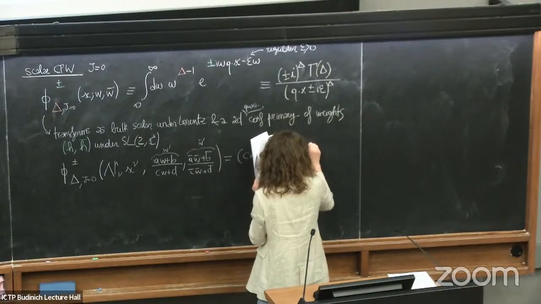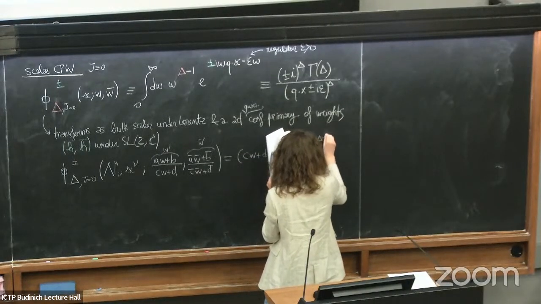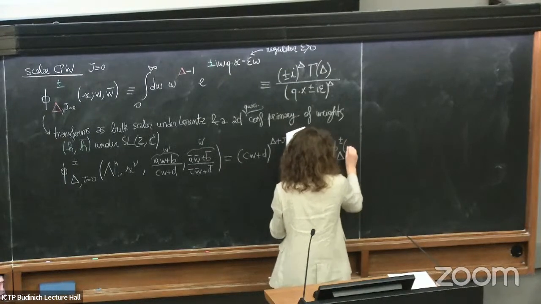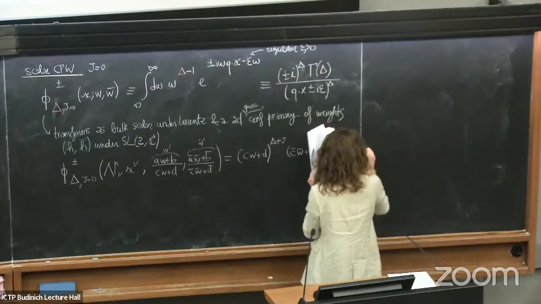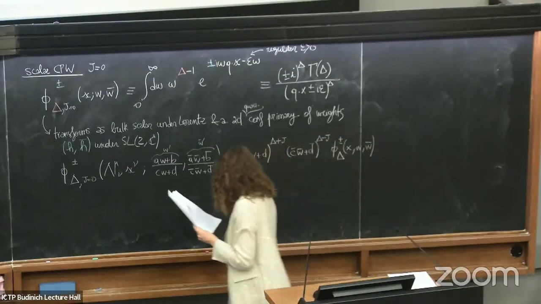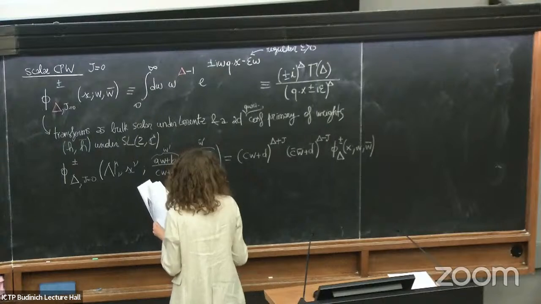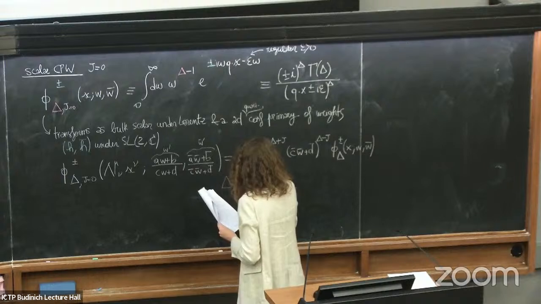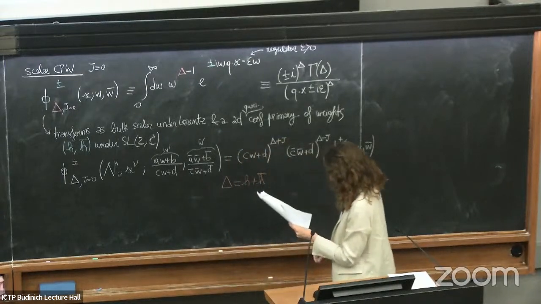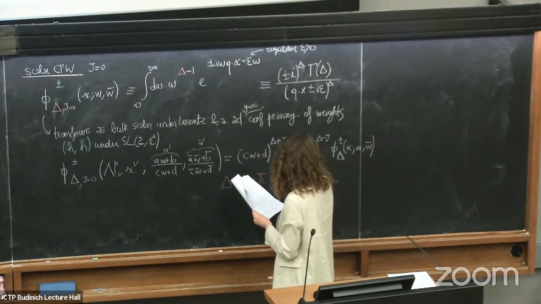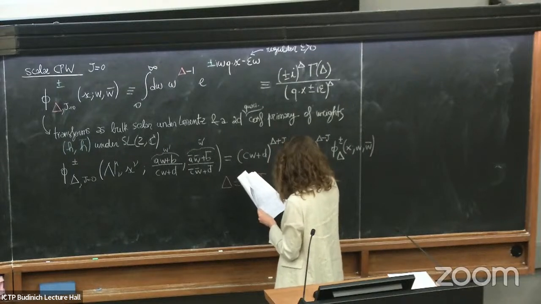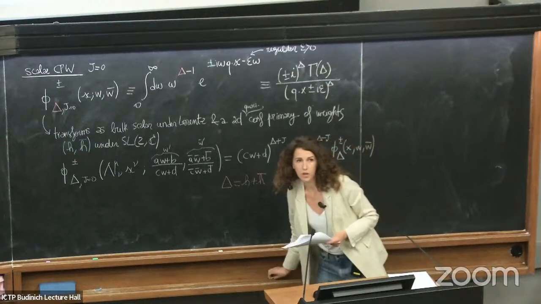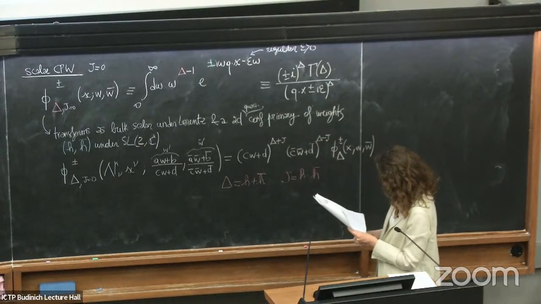And there are two ways of expressing the weights, either in terms of h and h bar, or in terms of the conformal dimension and the spin, and they are related via this equation. The conformal dimension, as usual, is the sum of h and h bar, while the spin, the 2D spin, is the difference. So here it's actually 0, but when we will generalize this to spinning particles, it will no longer be 0.